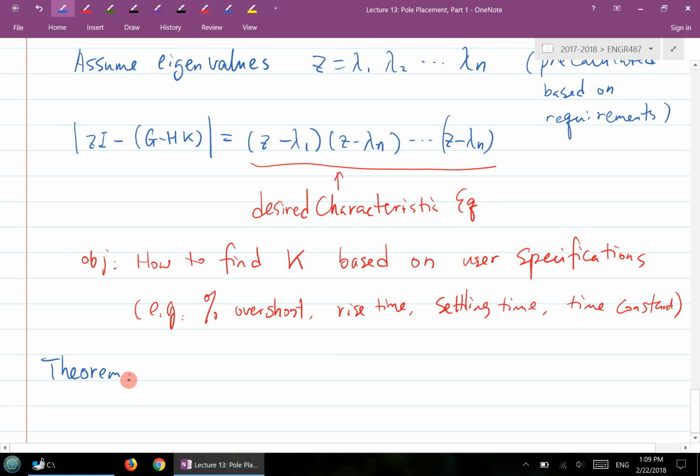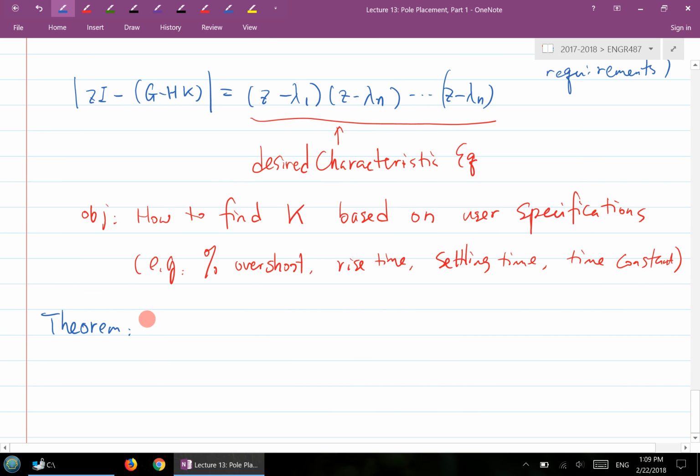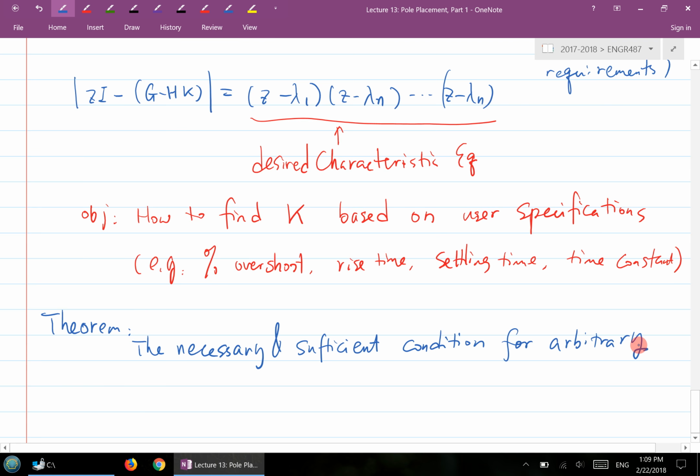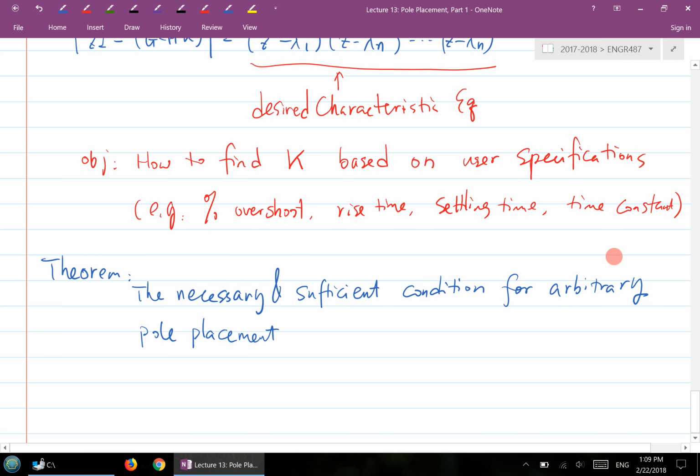First of all, let's have the guiding principle here in terms of pole placement. So here's the theorem: the necessary and sufficient condition for arbitrary pole placement. The idea is, I don't want to restrict myself just to a particular pole location.